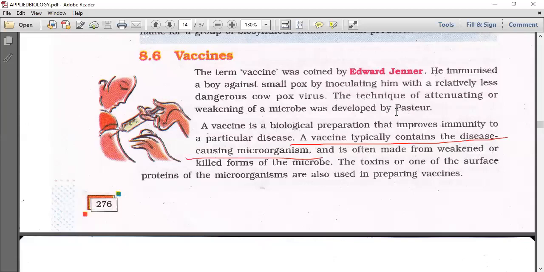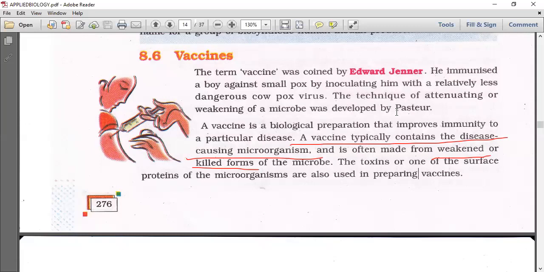We will find the coronavirus, but often made from a weakened or killed form. Taking the killed form is a little bit problematic, because the killed form doesn't generate as many memory cells in our body. But if you take the active form, you may even die.